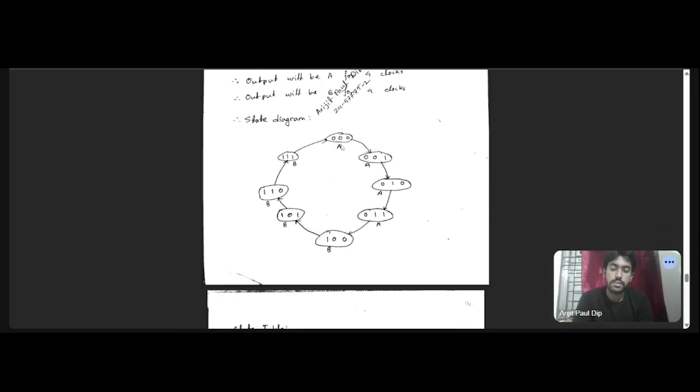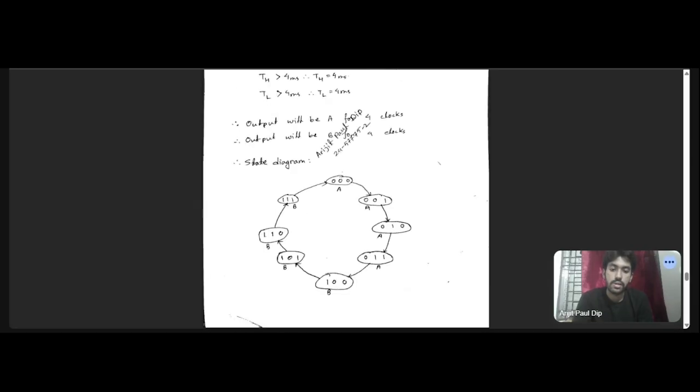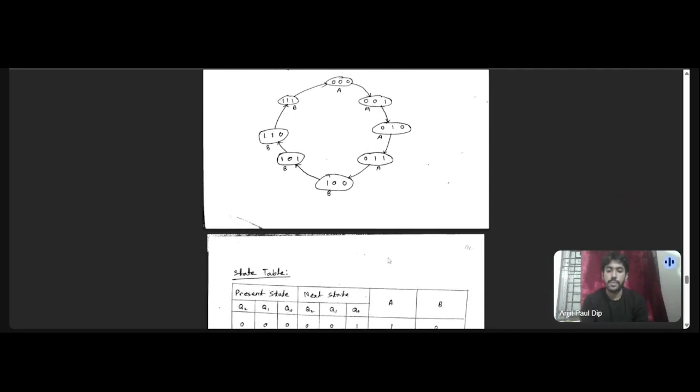At first it starts with A because we assumed that the inner components are set to 0 initially, and for the next four states 000, 001, 010 and 011, it outputs A, and for the rest of the four conditions the output should be B.